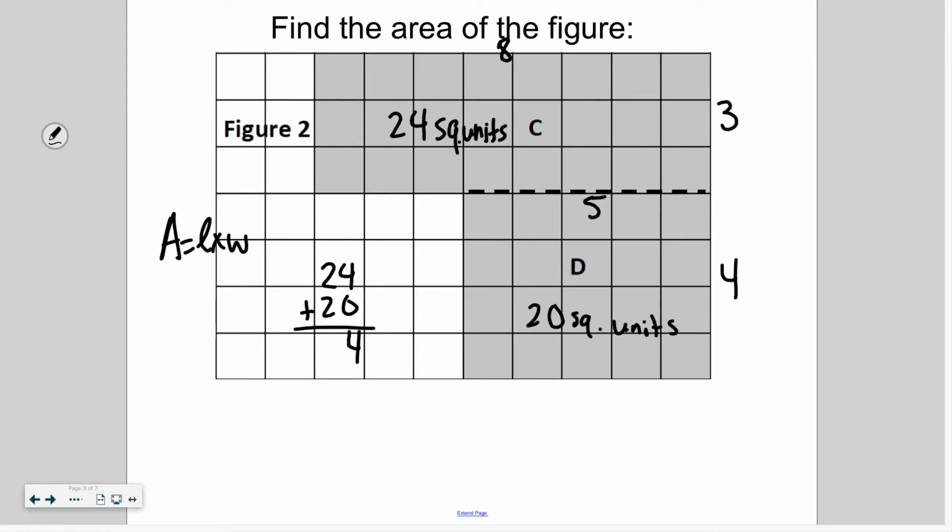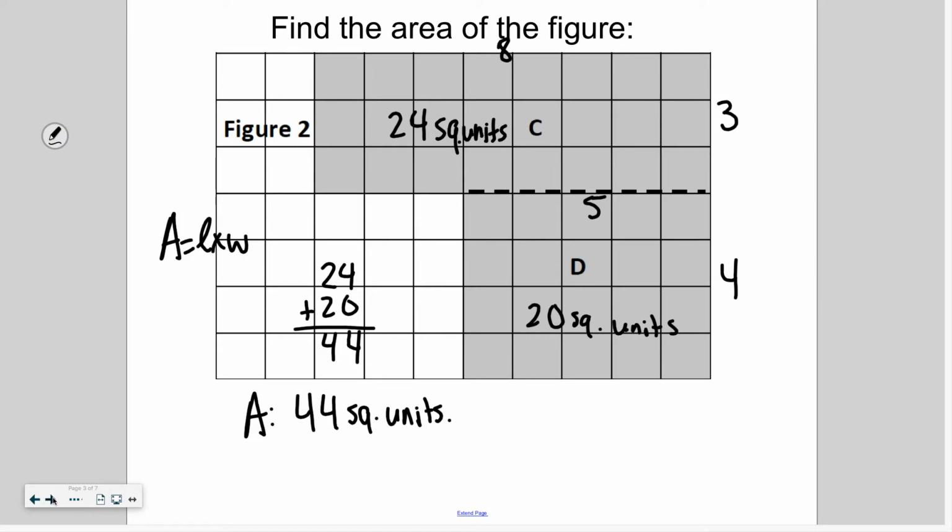So 4 plus 0 is 4, 2 plus 2 is 4. So figure 2 is 44 square units. Right, so we found the area of one rectangle, then the other, and then added them together to find the total area of figure 2.